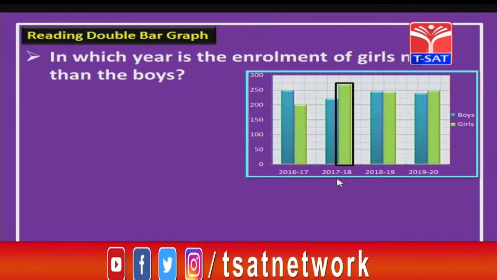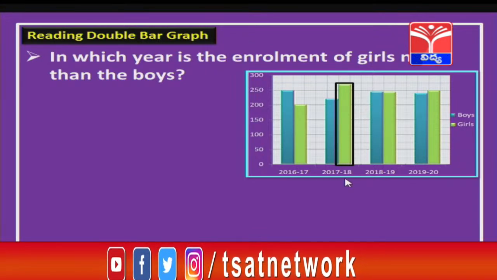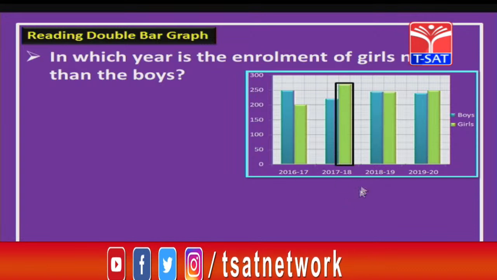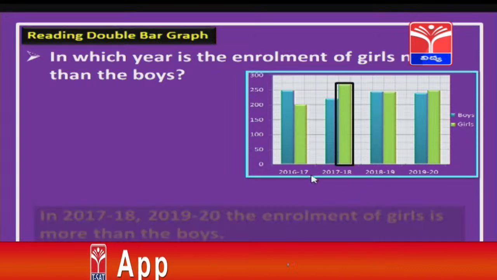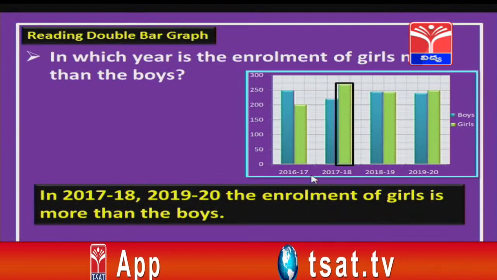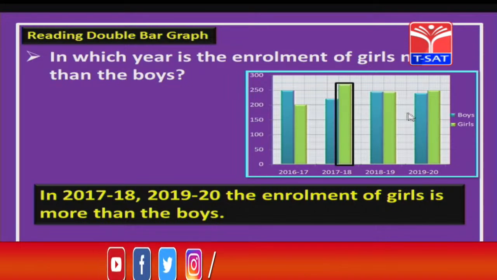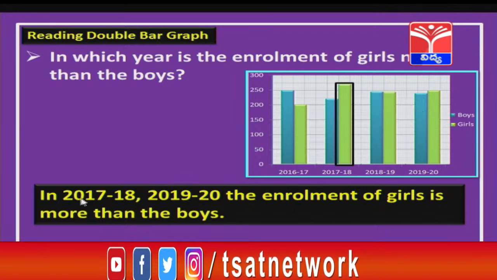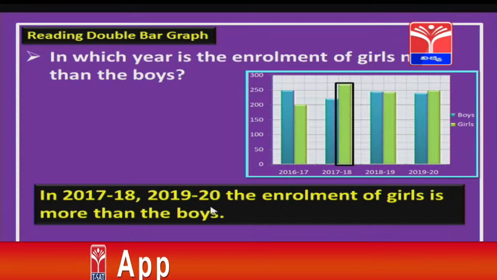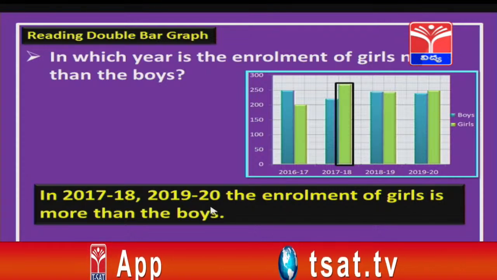In this academic year, that is 2017-18, the enrollment of girls is more than boys. Not only that, if you notice 2019-20, here also the green is more than the blue, that means the enrollment of girls is more than boys. So, that is 2017-18 and 2019-20, in both these academic years the enrollment of girls is more than boys.